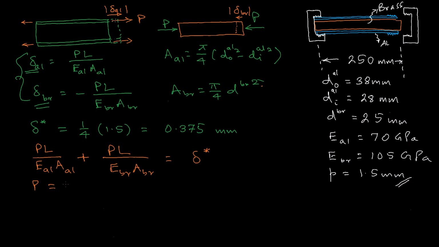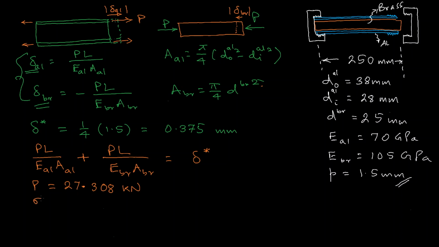Now from here you can calculate the value of P, and it will come out to be 27.308 kilonewton. Now if this is the force of action and reaction, we can calculate the stress, which is actually desired, the stress which exists in the aluminum tube and the rod.